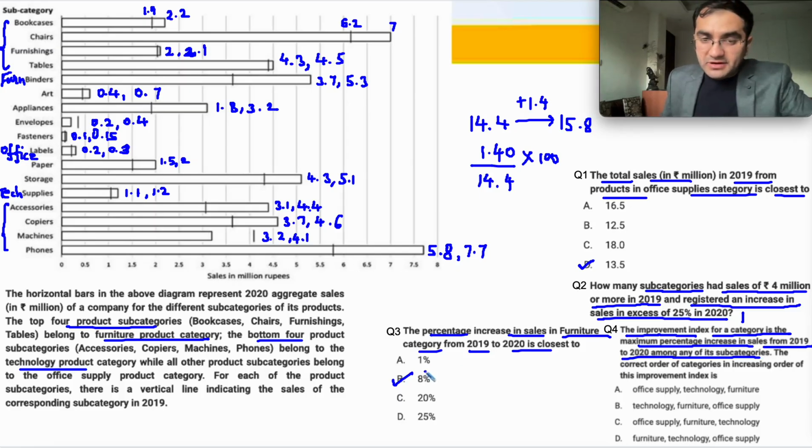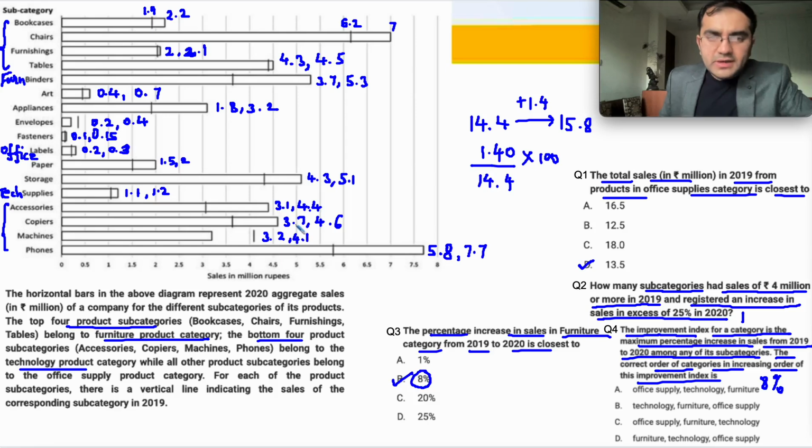So for example, furniture already आ चुका है मेरे पास as 8%. I already have furniture as 8%. The correct order of categories in increasing order of this improvement index is. So we'll just do it for the other two as well.